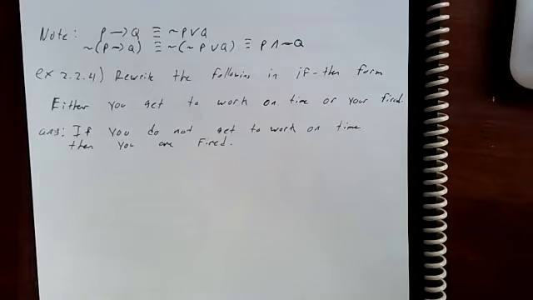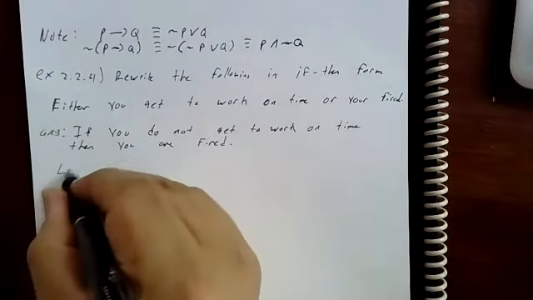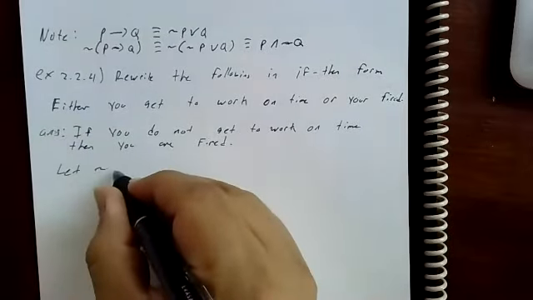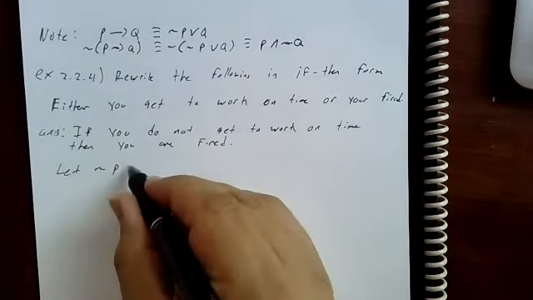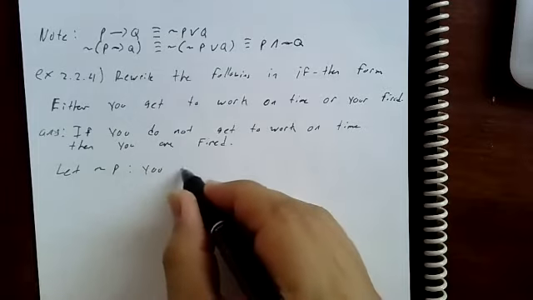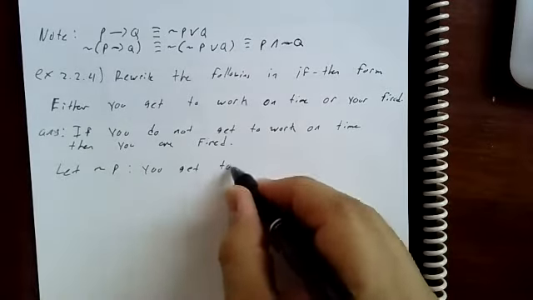Does everyone see how you can convert it? Yes. So all you've got to do is look at the P, swap it to a negation, and change it into if P then Q, and you'll be good. So basically, let not P be you get to work on time.